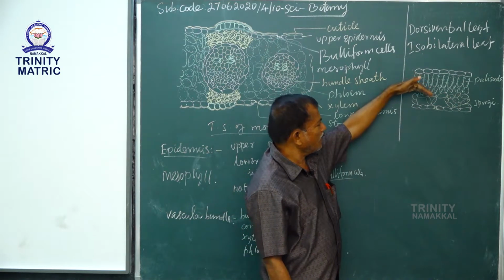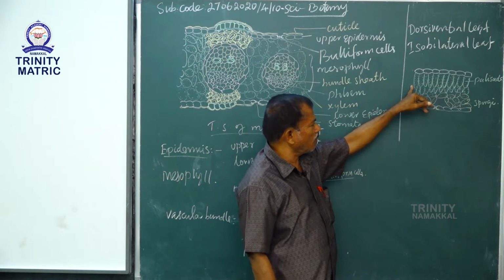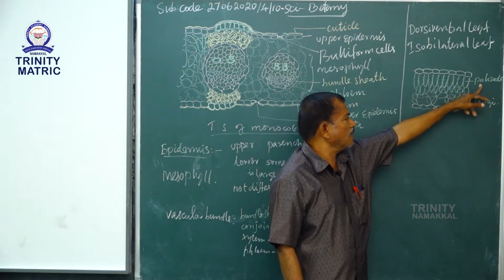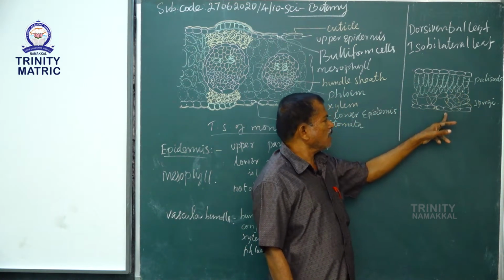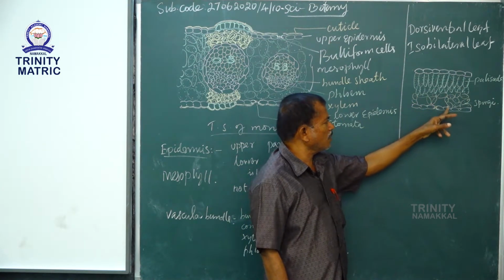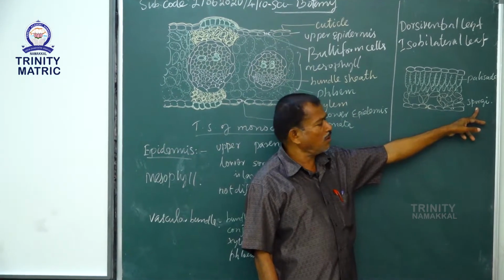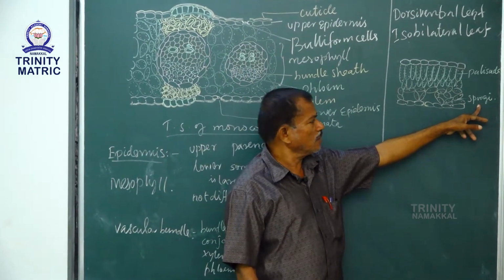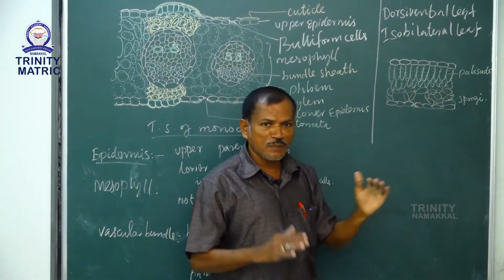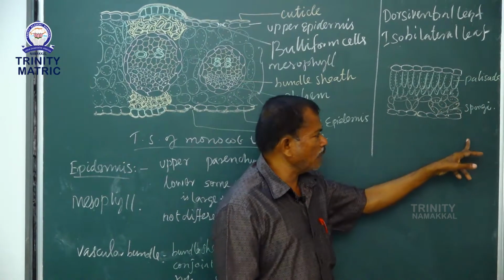The upper surface has thin-walled, vertically elongated cells containing more chloroplasts. These cells are called palisade parenchyma. Then the lower surface of the leaf has smaller circular cells with large intercellular spaces, called spongy parenchyma. So there is a difference between the monocot and dicot leaf. In the dicot leaf, the mesophyll is differentiated into two layers: palisade parenchyma and spongy parenchyma.